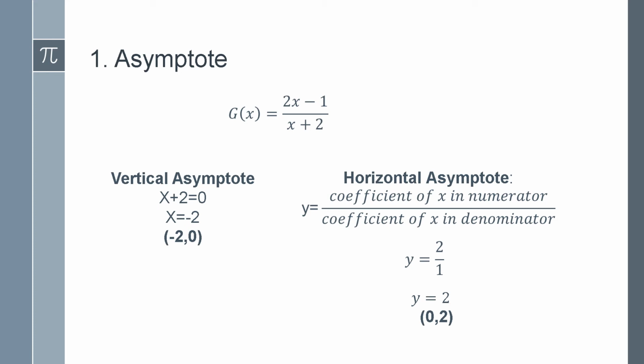Kasi ang coefficient ng 2x ay 2. And then, sa denominator naman, ang coefficient ng x doon ay 1. Therefore, the horizontal asymptote is y = 2/1. Then, y = 2. The coordinates of horizontal asymptote is (0, 2).